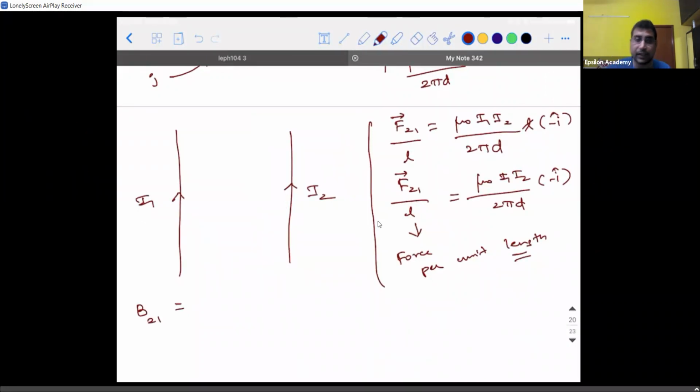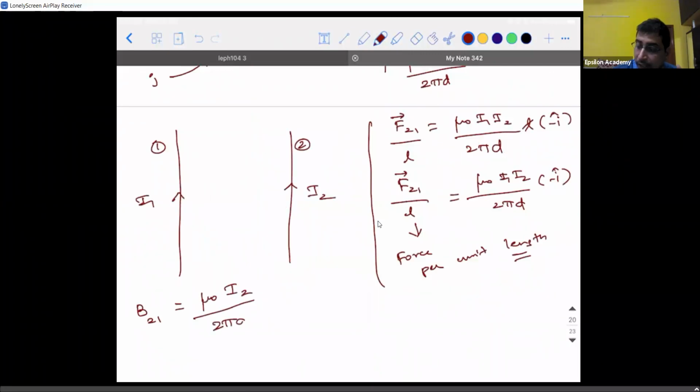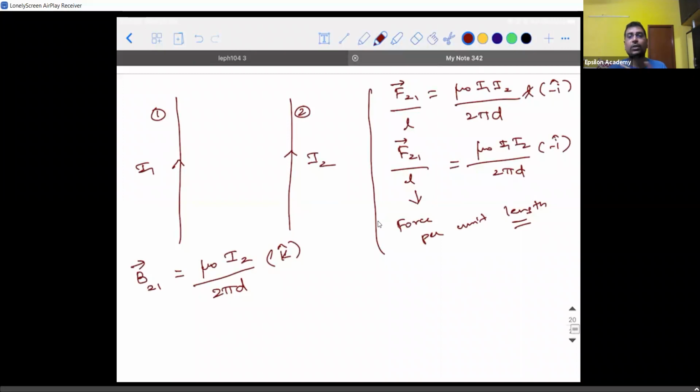Magnetic field due to the second conductor at point 1 is mu naught I2 divided by 2 pi d in the direction of... Because you apply right hand thumb rule and see.